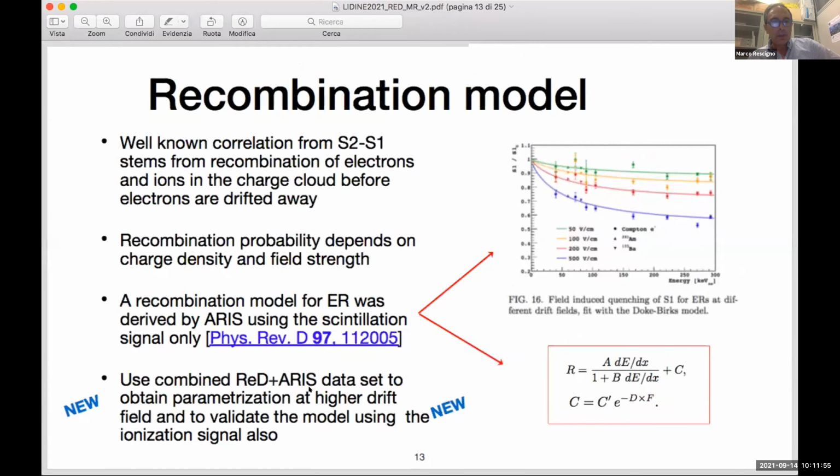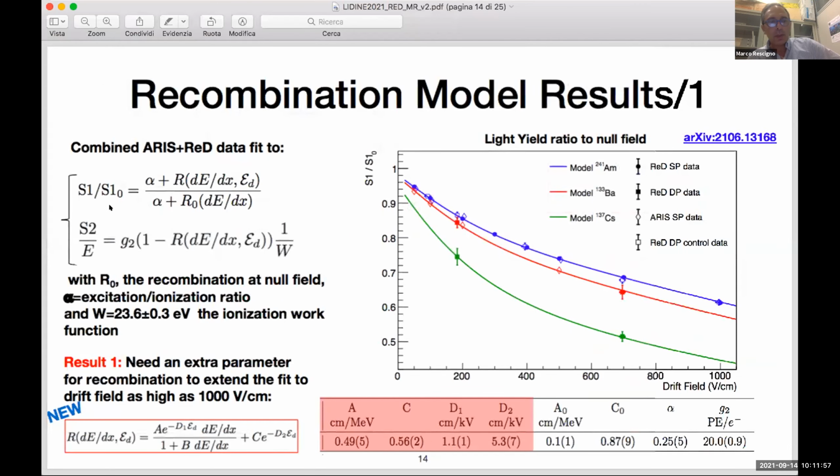So what we do is fit a specific recombination model, which will depend on the specific energy loss and the drift field size, and the S2 yield as specified here in the second formula.